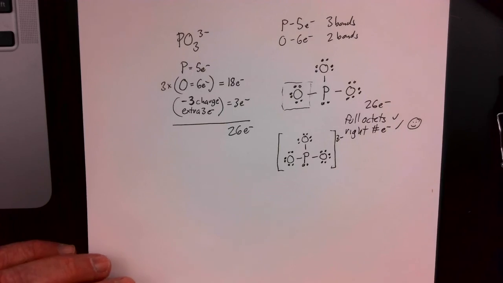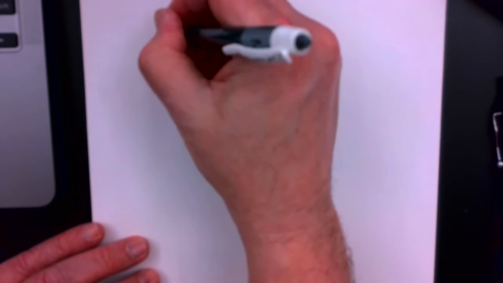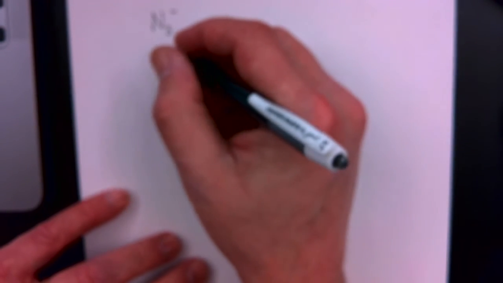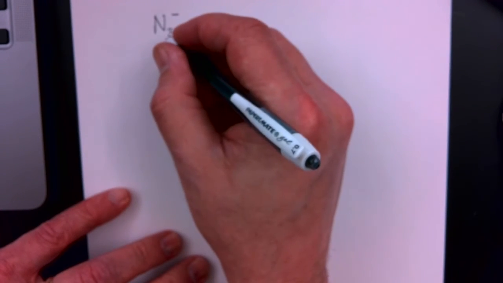All right, well, let's try one more and see what we can do with this. Let's do N3-. N, but this time we're going to do N3 with a -1 charge. Okay? And let's see if this makes any sense. So this seems easy to count, right?